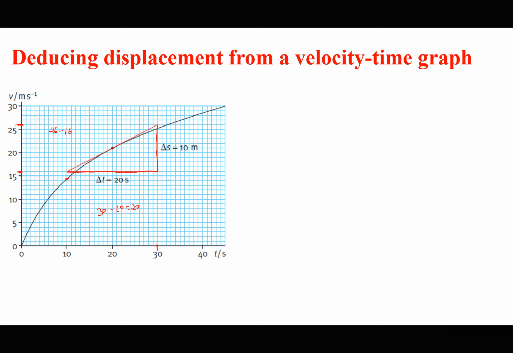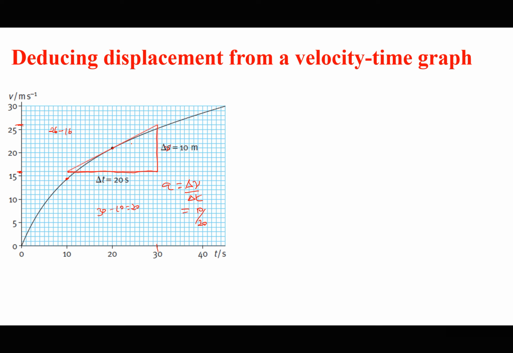The acceleration is going to be the change in the velocity divided by the change in t, so the change in the vertical divided by the change in t. So this will be equal to 10 divided by 20 at 20 seconds. But it's not the same value at every point.